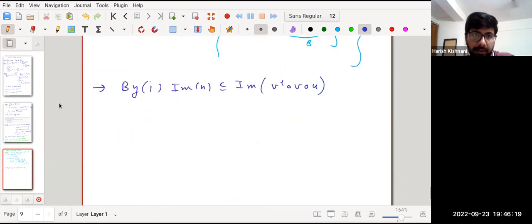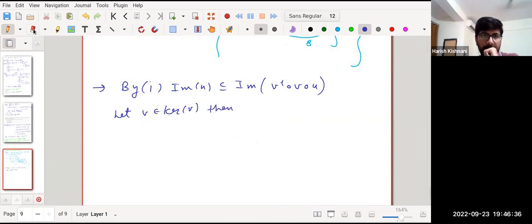Okay, so let m belong to kernel of V. Then you will have V of m to be 0, right?